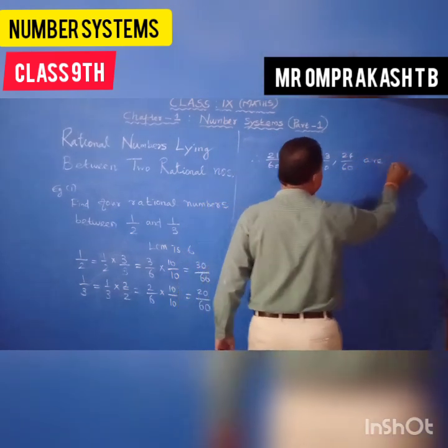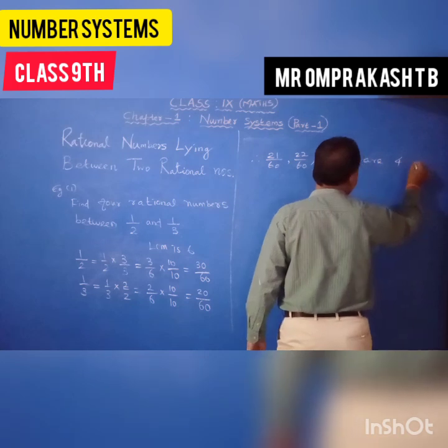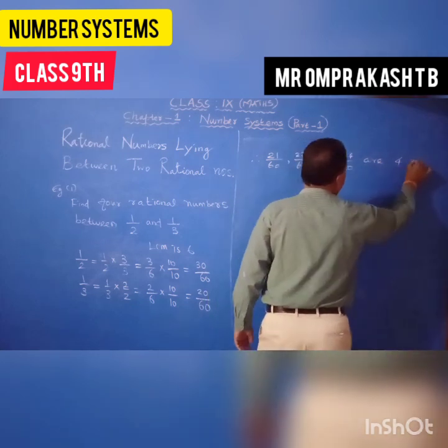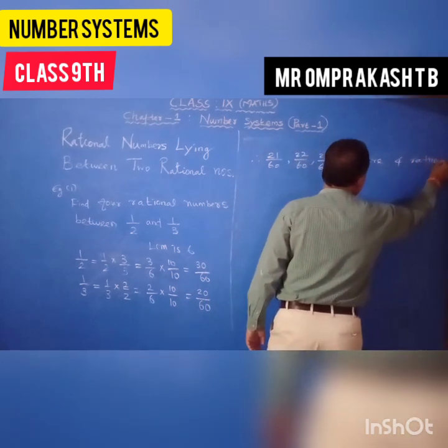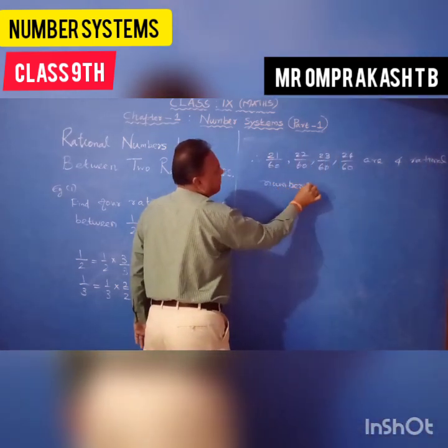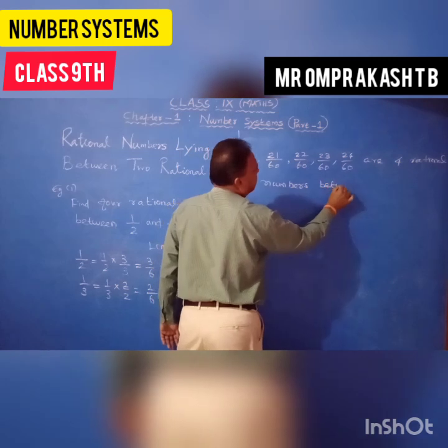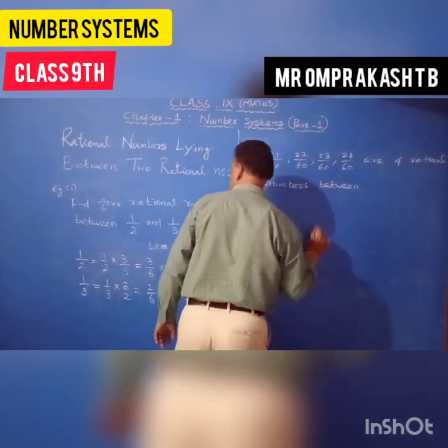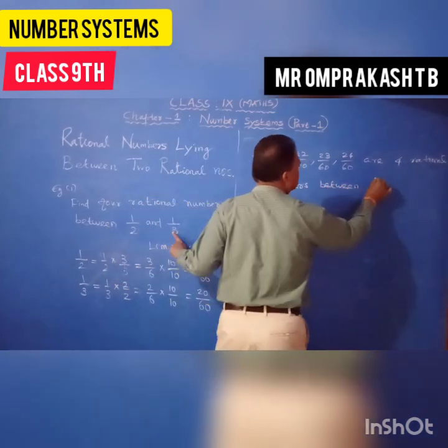These are 4 rational numbers between 1 by 2 and 1 by 3.